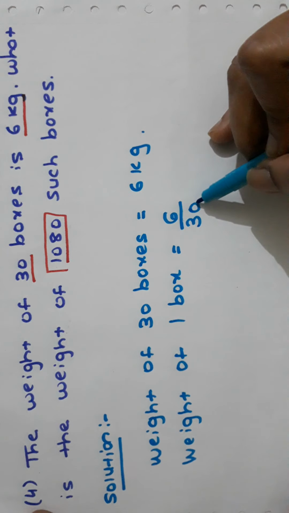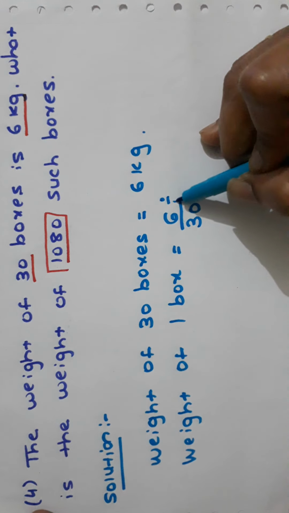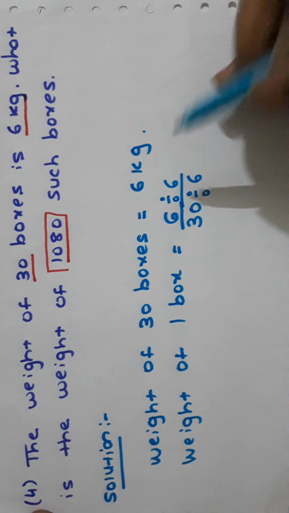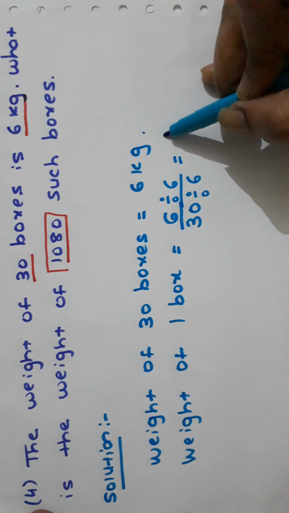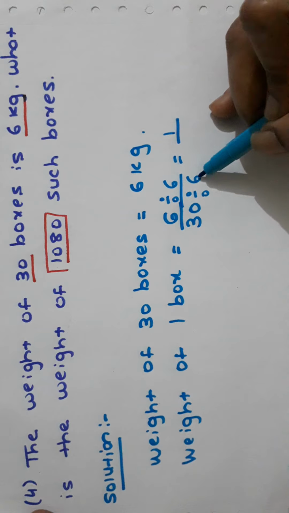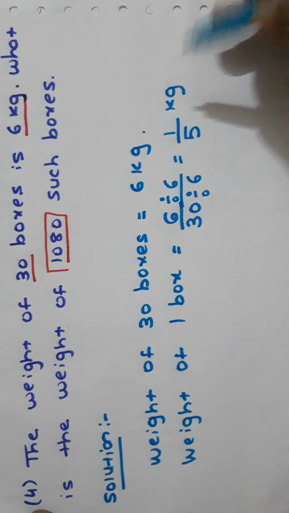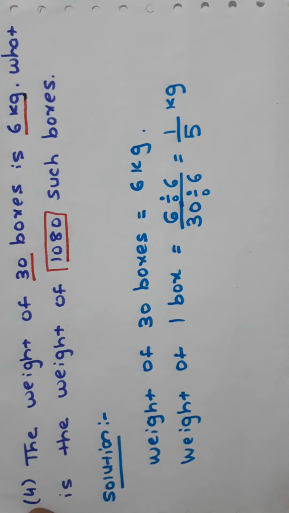Now both numbers are divisible by 6. Divided by 6. 6 divided by 6 is 1. 30 divided by 6 is 5, because 6 5s is 30. 1 upon 5 kg. So weight of one box is 1 upon 5 kg.